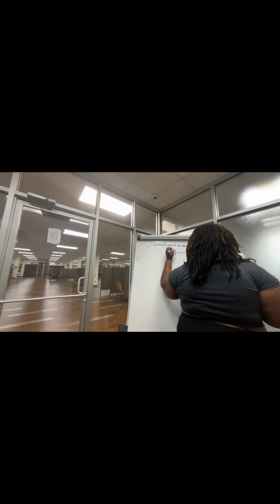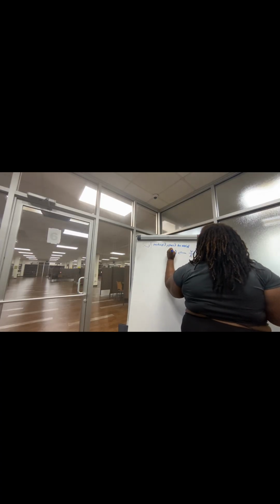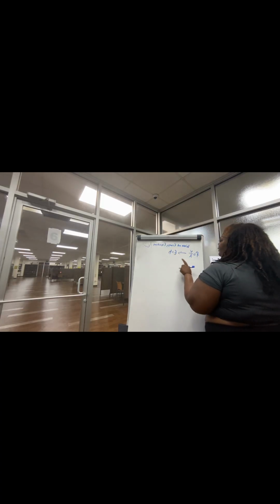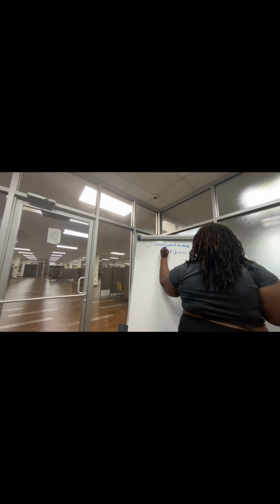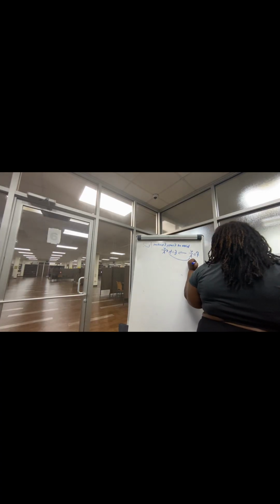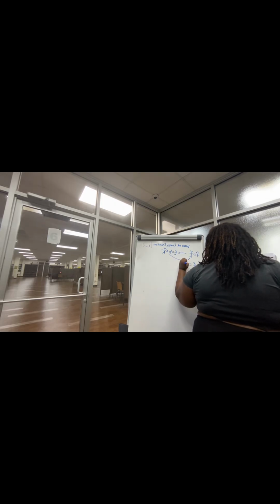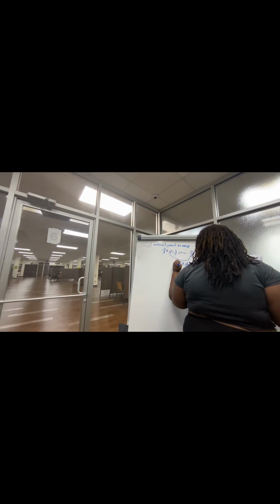So with energy, we're going to do E equals H, which is the Planck's constant, times frequency, which is V, or speed, over wavelength. And our combination is E equals H times V over lambda.